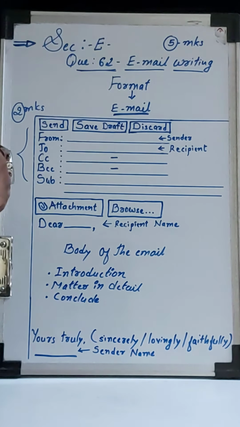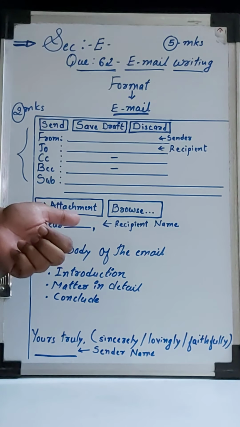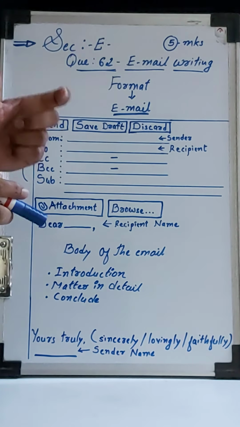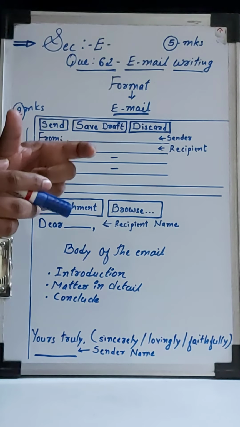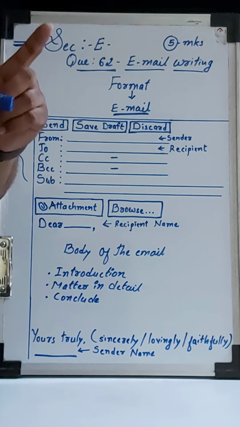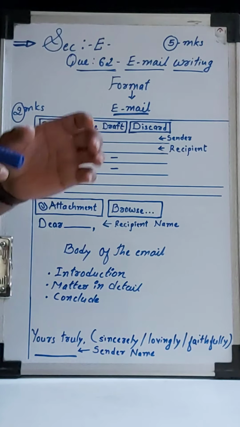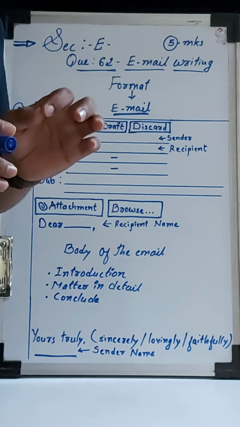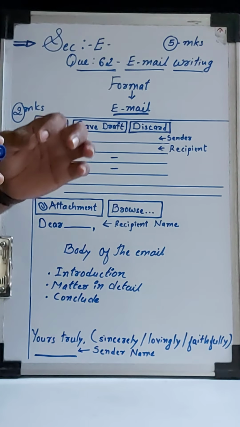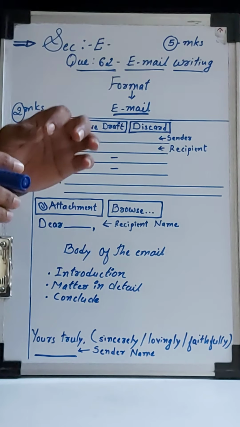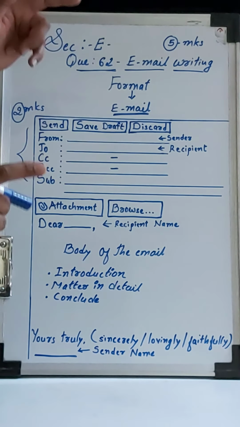Whatever the matter for which you are composing an email should be clearly mentioned, but briefly, not at too much length, as you have to bear in mind email is a part of a format. So please try to accomplish it in a single page.